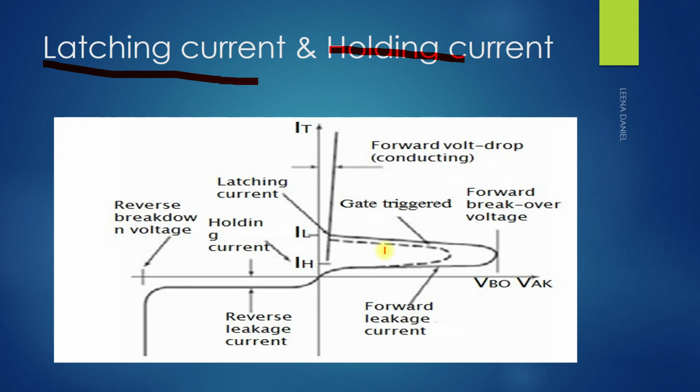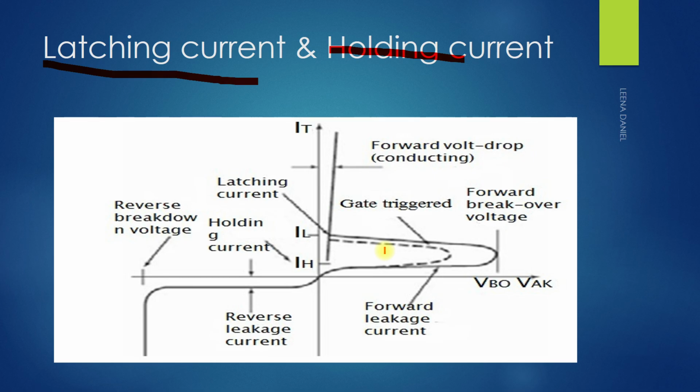If we apply the anode current and also apply the gate current, and after a certain period of time we remove the gate current, it is also possible that the thyristor is not properly turned on, and if we remove the gate circuit, the thyristor will not stay on. So it requires a minimum anode current to maintain the on position of the thyristor after the removal of the gate circuitry.